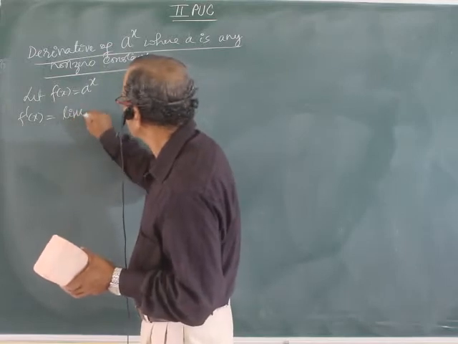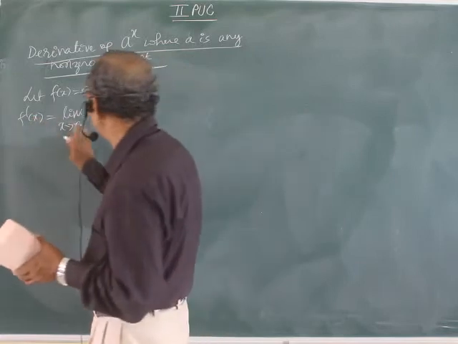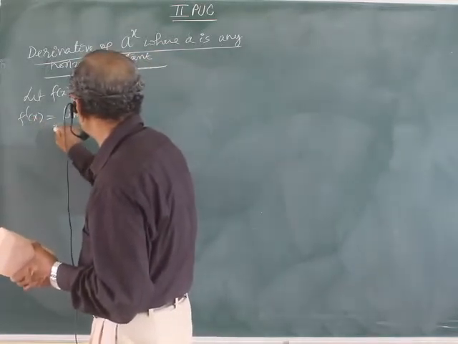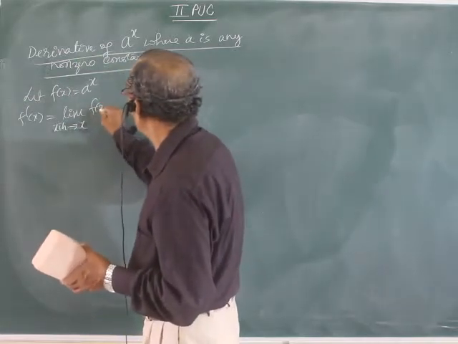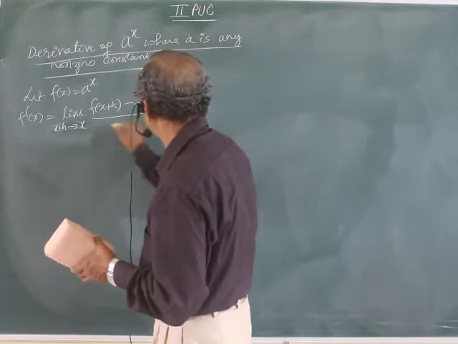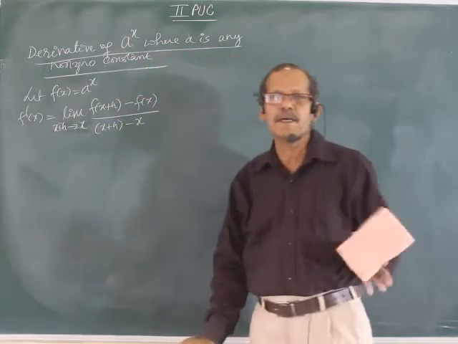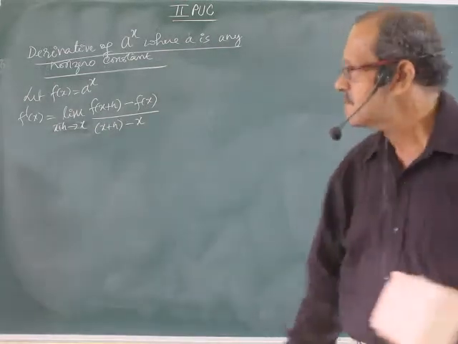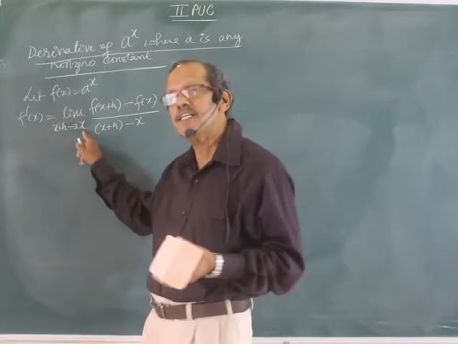Limit x tending to c, f dash of c, better to write like this: f of x plus h minus f of x, divided by x plus h minus x. This is the fundamental definition. This is x, this one is c. Just imagine like that.